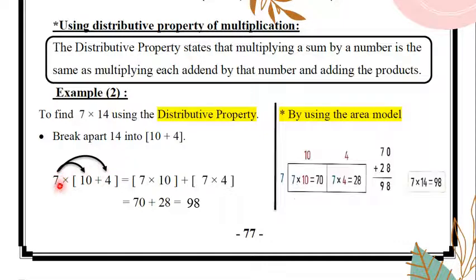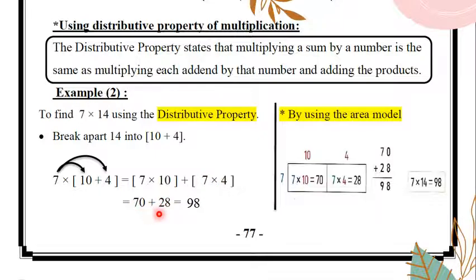So I'm going to write here 7 times, between two brackets, 10 plus 4. I'm going to distribute 7 times 10, plus 7 again times 4. So 7 times 10 equals 70, plus 7 times 4 equals 28.